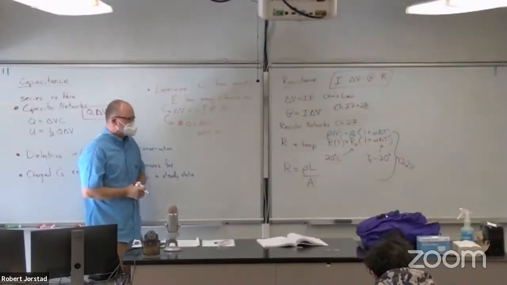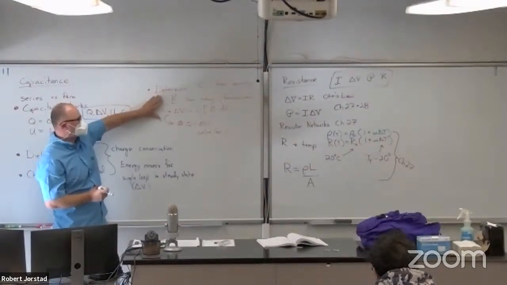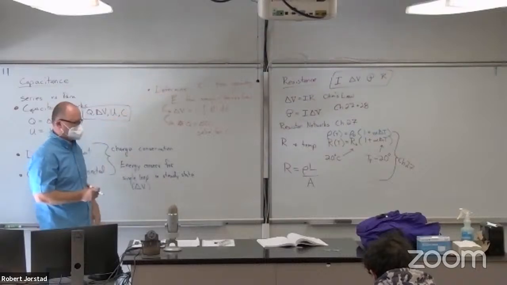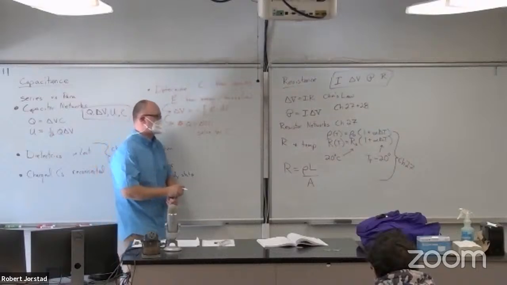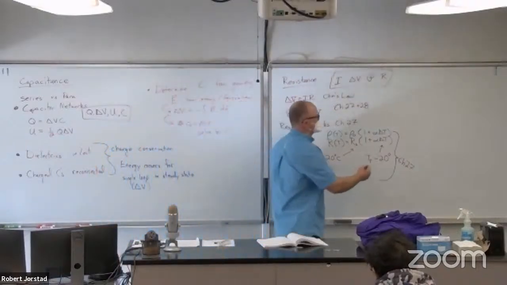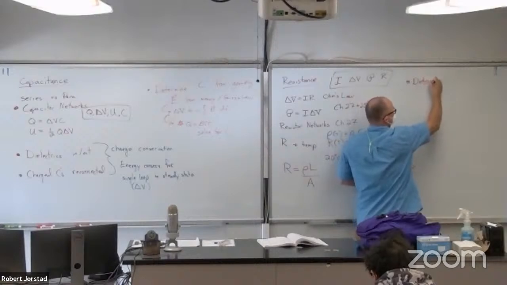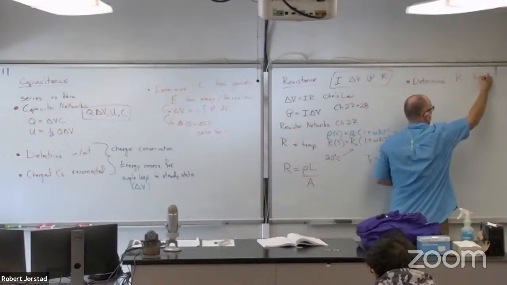I know those of you on Zoom can't really read this one. It was determining C from geometry. What do you think the equivalent thing we would do in the resistance chapter is? Determine resistance from geometry.